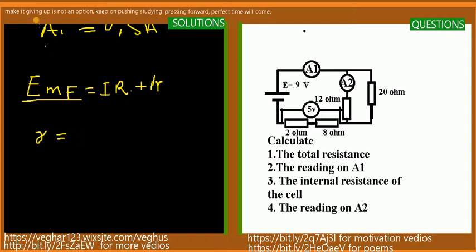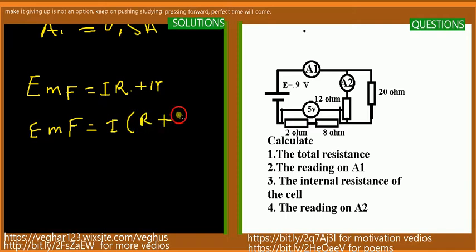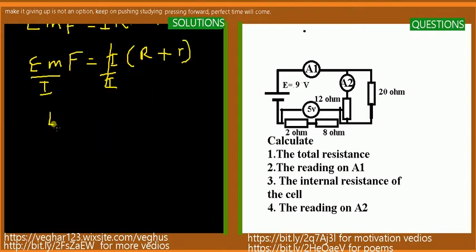First of all, making the internal resistance the subject of the formula, we take the current as a common factor. Then dividing both sides by the current, the current cancels, and we'll be left with EMF divided by the current on one side, and on the other side the total resistance in the circuit plus the internal resistance.